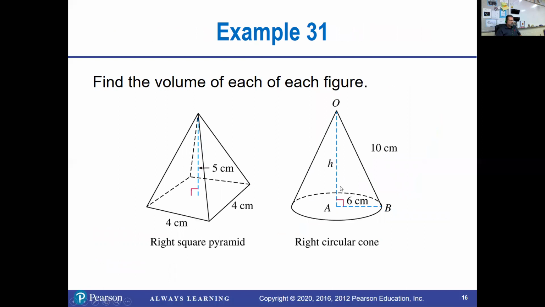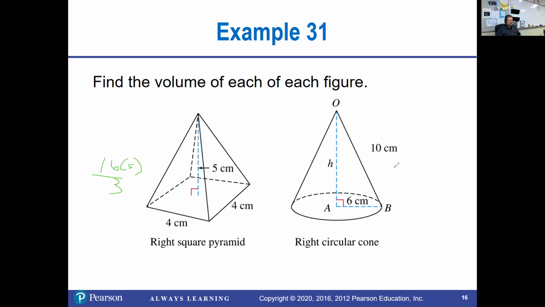All right, so if you take these and you wanted to find these, the pyramid, remember, is the area of the base, 16 times the height, all divided by 3. Same thing here.